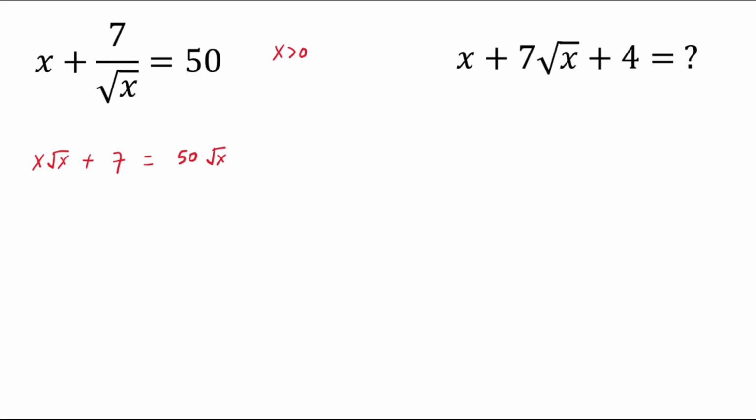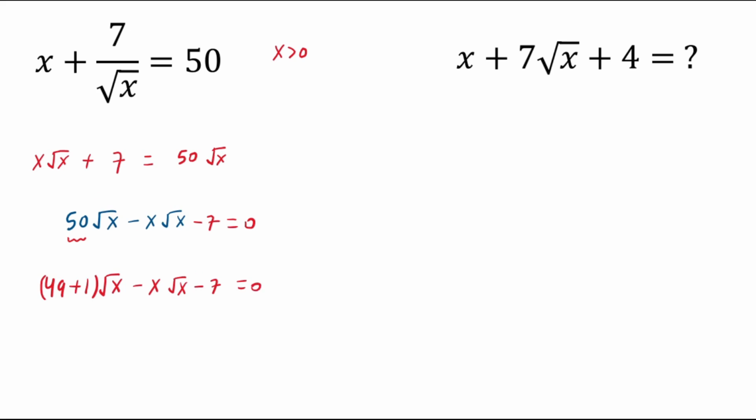Now if we take all the expressions to the same side, then 50 times square root of x minus x times square root of x minus 7 equals 0. Then this 50 is 49 plus 1, times square root of x minus x times square root of x minus 7 equals 0.